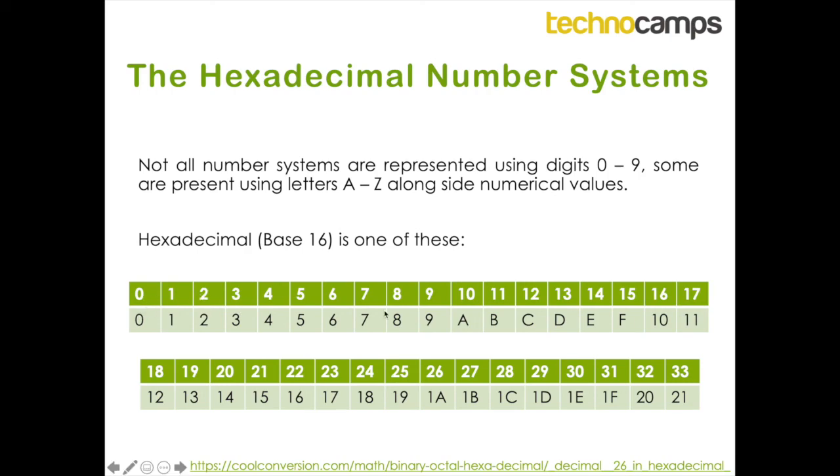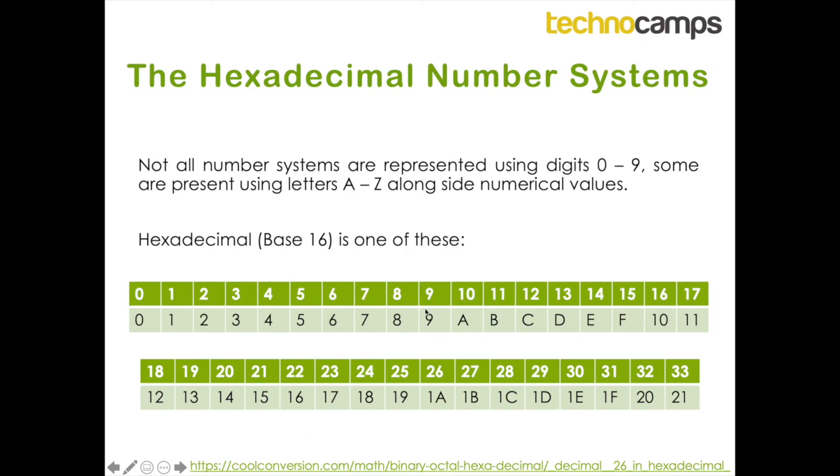So 0 to 9 is 10 of them, but the other 6, 10, 11, 12, 13, 14, 15, are the letters A, B, C, D, E, F. Now, once we get to the 16th digit, we perform the same thing. We reset, so we change that to 0, and then we add 1 to the left.